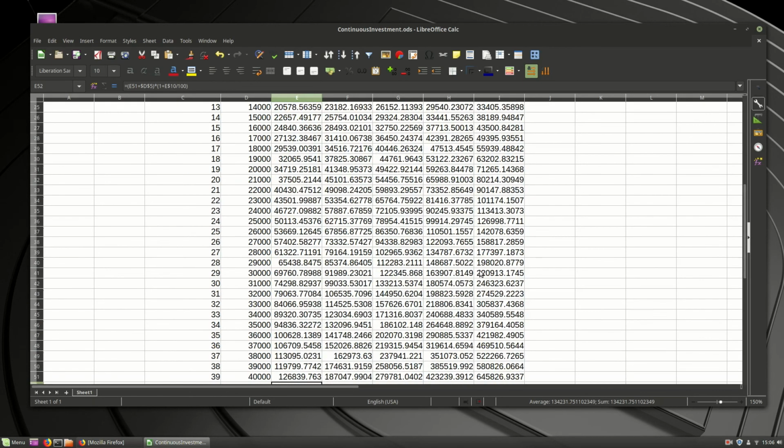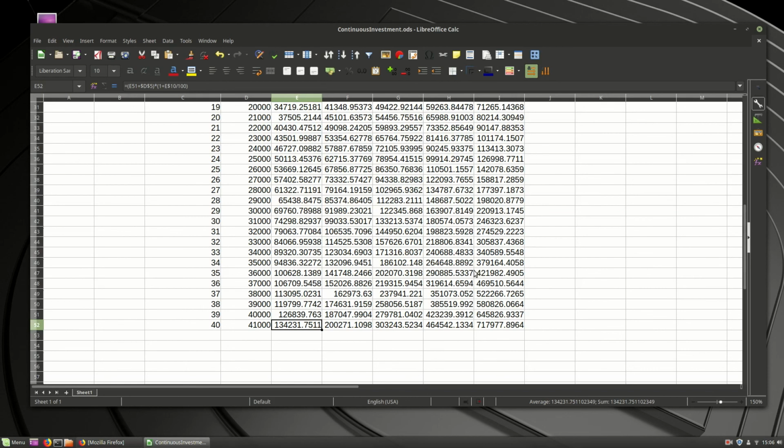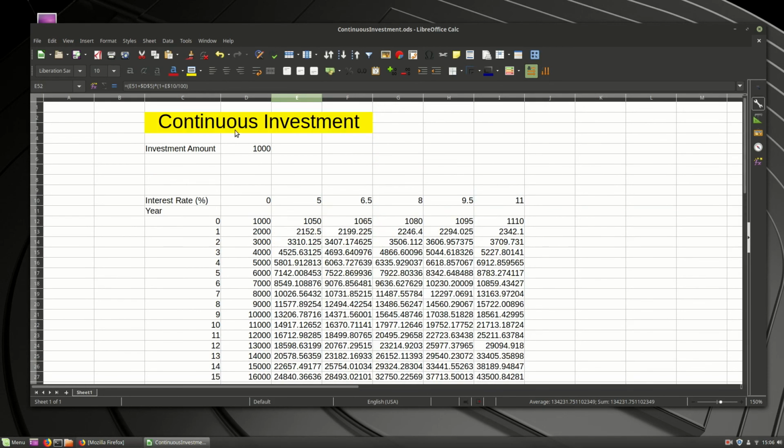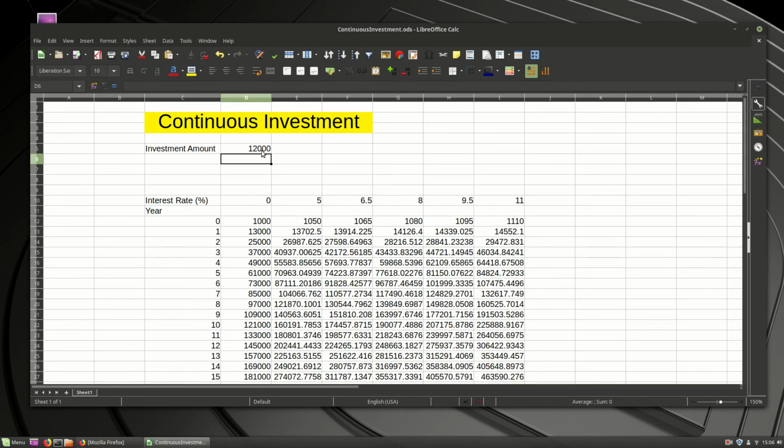So now we get to look at what would happen if instead of investing $1,000, you invest $1,000 a month, or $12,000 in total. So I guess we need to change this to $12,000 on each of them as well.